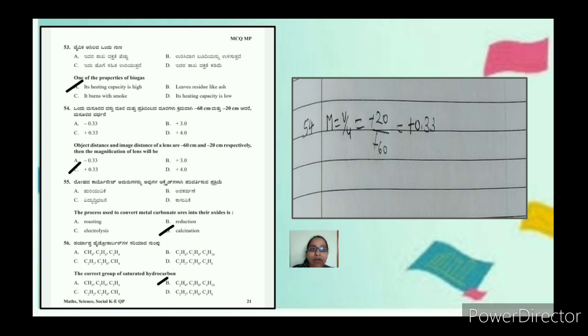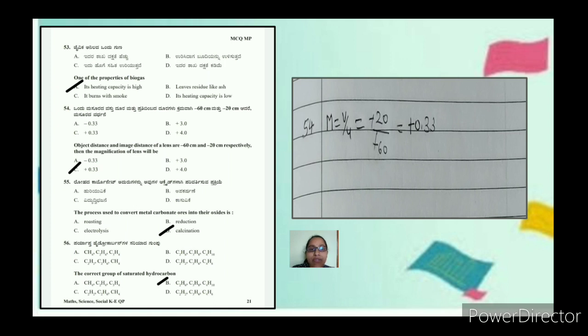By using the formula of magnification, magnification is equal to V by U, image distance by object distance. So you need to just substitute the values given. It is minus 20 by minus 60. So you need to cancel off the negative sign there. So it becomes plus 0.33. The answer is plus 0.33.